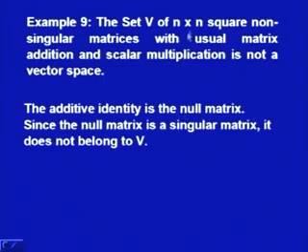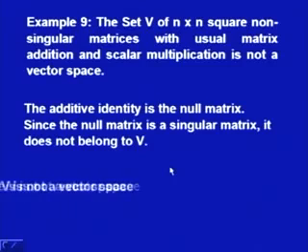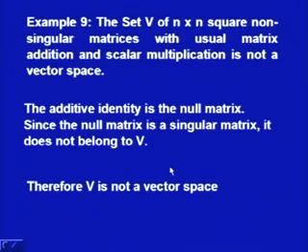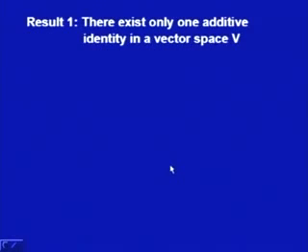So the null matrix does not belong to this set of n by n non-singular square matrices, and that's the reason this will not form a vector space. So while m by n matrices form a vector space, n by n non-singular square matrices do not. So V is not a vector space.